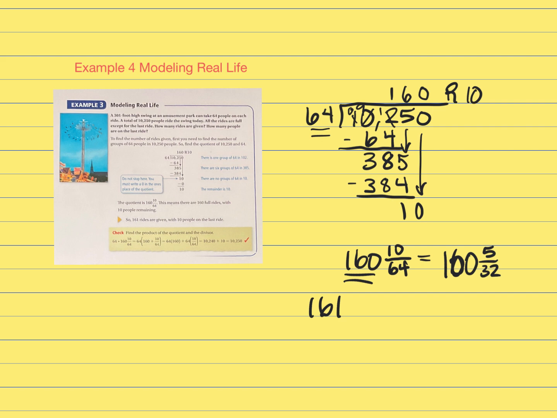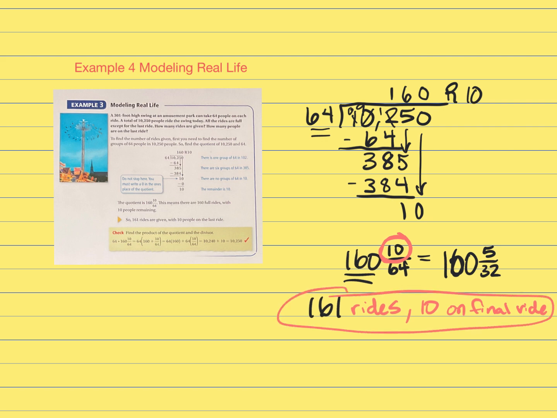Let me change my color real quick here. That's where this remainder comes in. So 160 full rides, 10 on the final ride. Remember, it tells us too that we can get 64 people on each ride, but only 10 rode it for the very final ride. This would be my final answer.